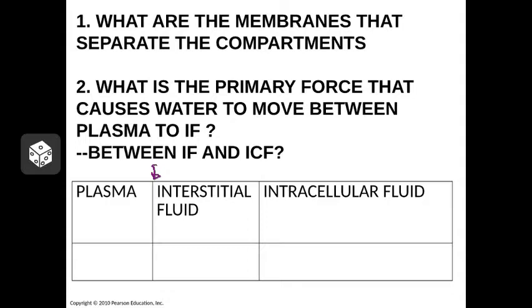You remember? That's going to be the capillary wall. Now, what is it that separates your interstitial fluid from the intracellular fluid? That is going to be the cell membrane.